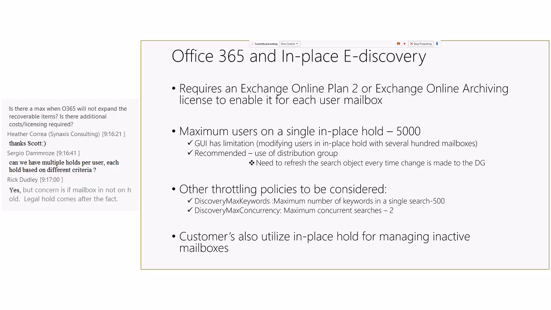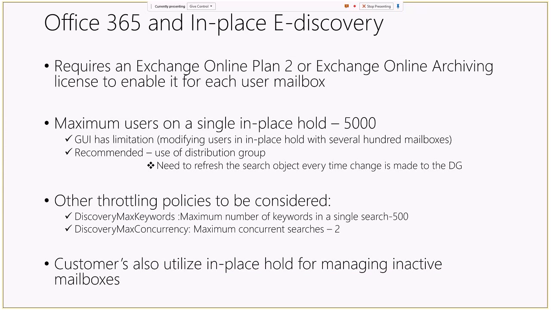So you'll be able to do a search against the mailbox even if you don't have a license. But to place items on hold, you will need Exchange Online Plan 2 or an Exchange Online Archiving license. All right.